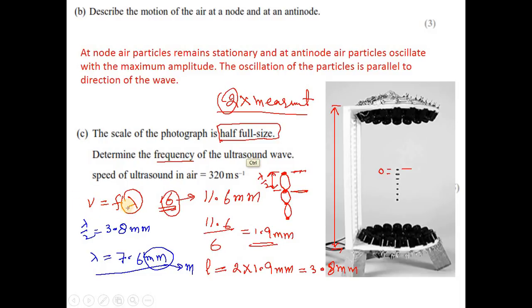So you have a frequency f equal to 41700 hertz. It's better to write hertz. That's how you can figure out the frequency of these standing waves here.